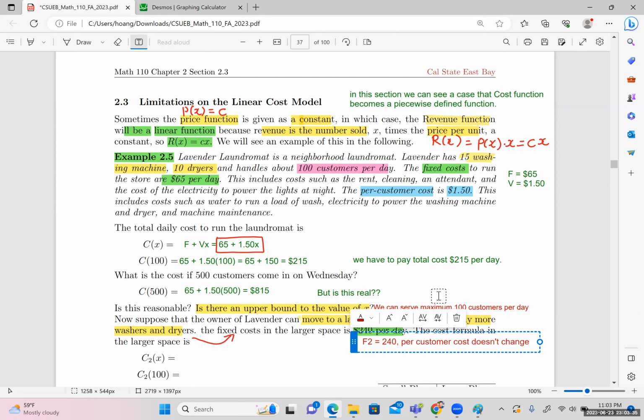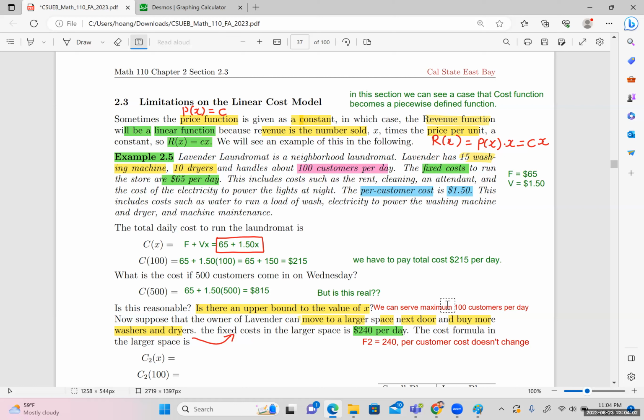Because you just extend the larger space, so you pay for rent, and you just buy more washers and dryers for serving more people.